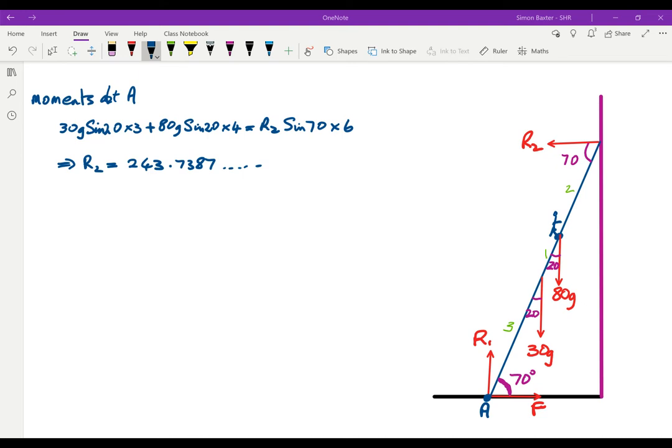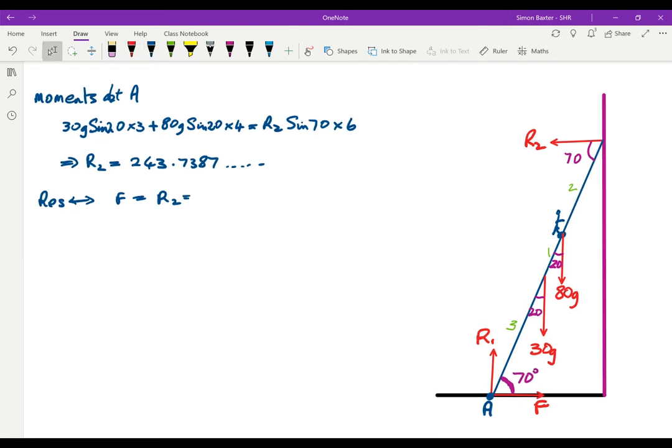If we resolve horizontally, at the bottom of the ladder we have F. At the top of the ladder we have R2, and there are no other horizontal forces. So we now know that the frictional force is the same as R2, which is 243.7387, etc.